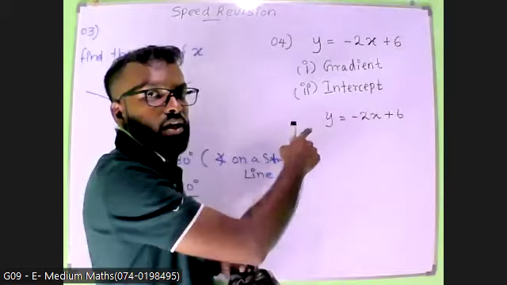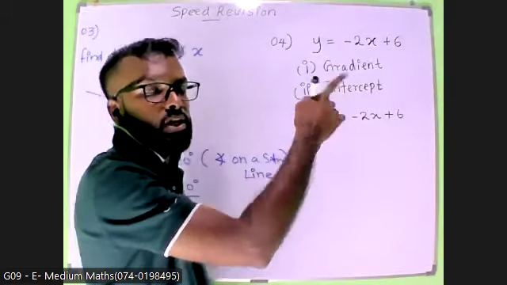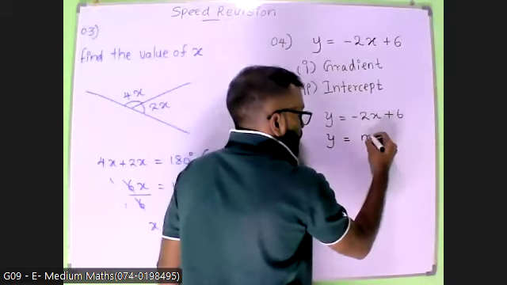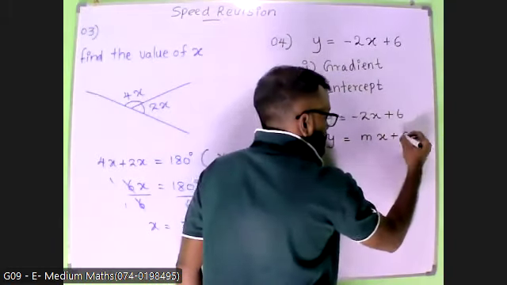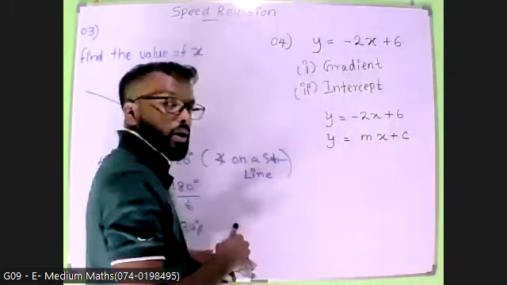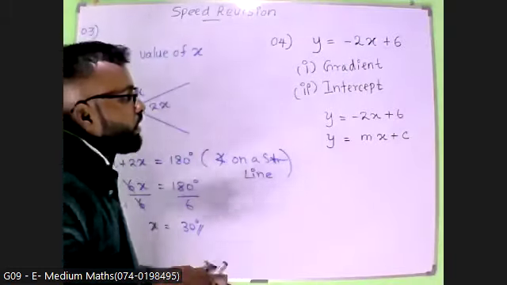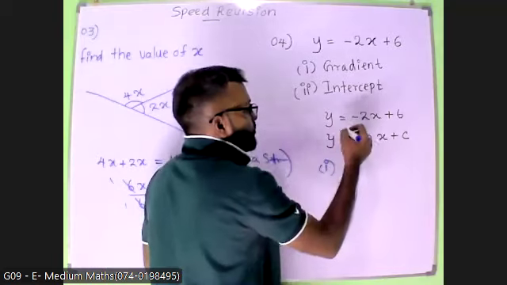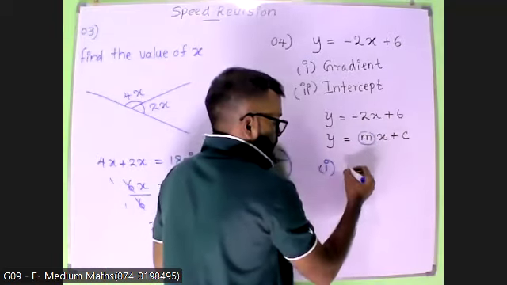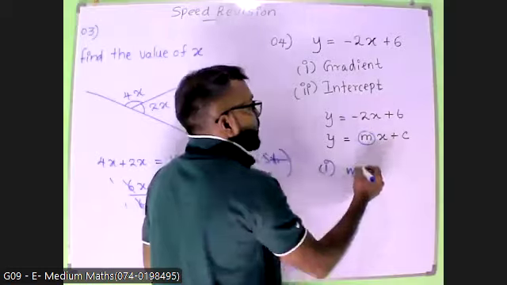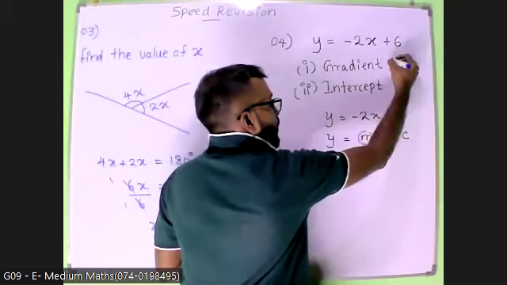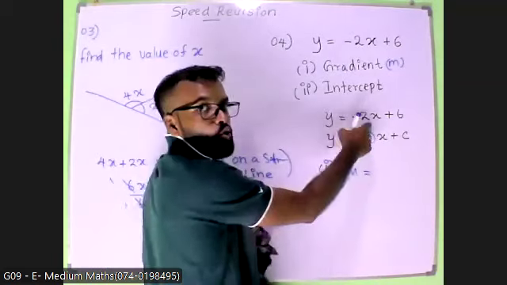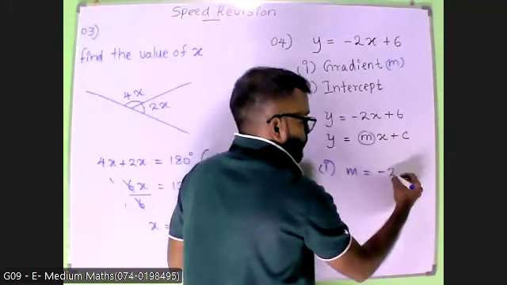So if you write this, y equals minus 2x plus 6, this is something like y equals mx plus c. So how do you write the gradient? Gradient is called m. This is m. What is m here? Minus 2. M equals minus 2.